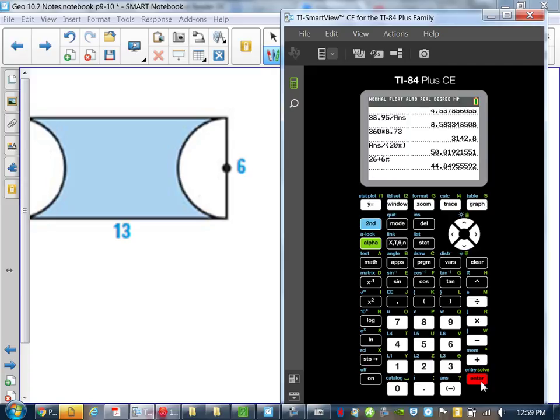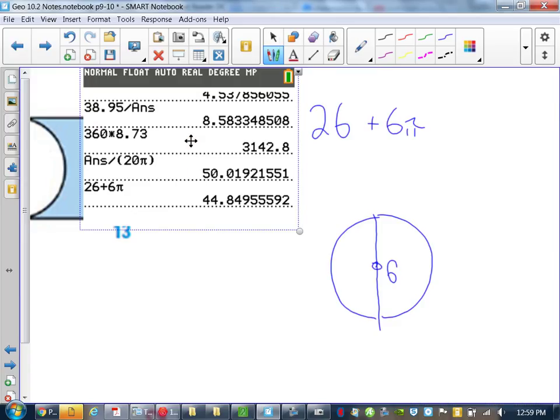So you have a decimal of 44.85, but if I want the nearest foot, it would be 45. If I wanted the nearest hundredth, it would be 44.85. Those are the three ways I would ask you to write that answer.